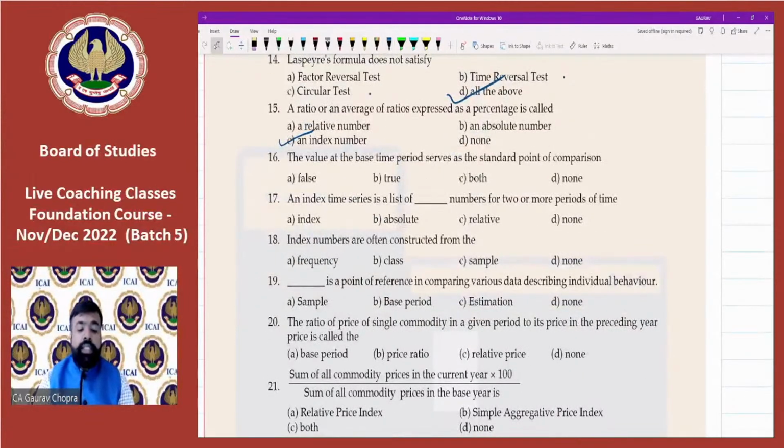The value at base time period serves as a standard point for comparison. Base is always a standard point for comparison. It is true. 17. Index time series is a list of dash numbers. In the series of index numbers, we will write index number. So the correct answer is index.